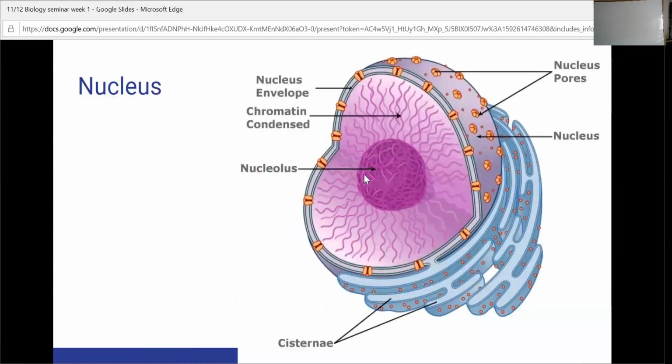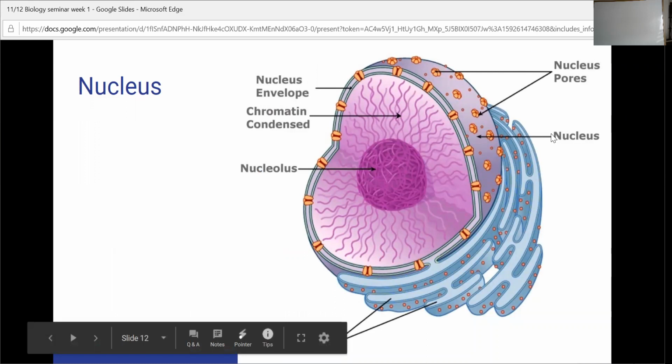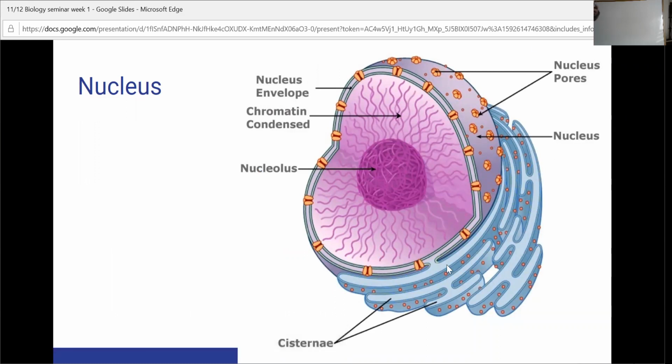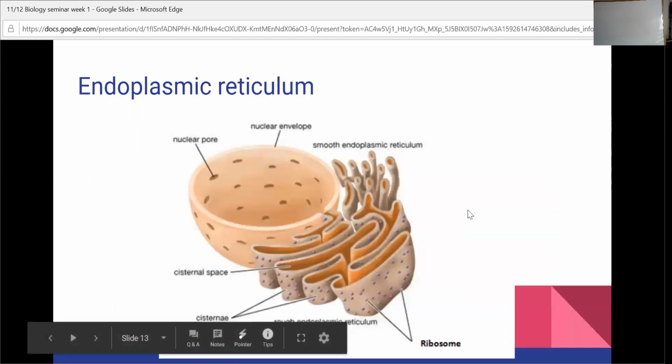So the nucleus, and you see those nuclear pores on the outside. That is for when the information needs to get down into the endoplasmic reticulum, into the ribosome. So the condensed chromatin are all of your chromosomes.